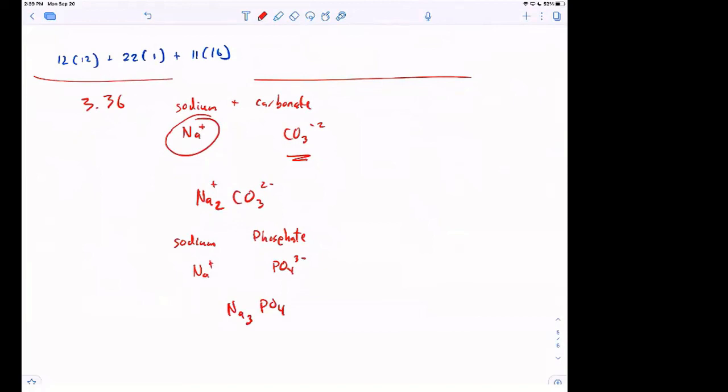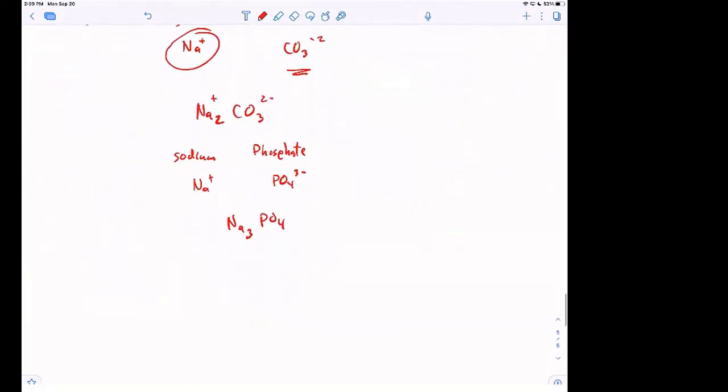And what's the next one? Oh, sodium biphosphate. Then we have the next one saying sodium and then hydrogen phosphate. And I said the word bi. In chemistry, bi means an extra hydrogen. So carbonate is CO3, bicarbonate is HCO3.